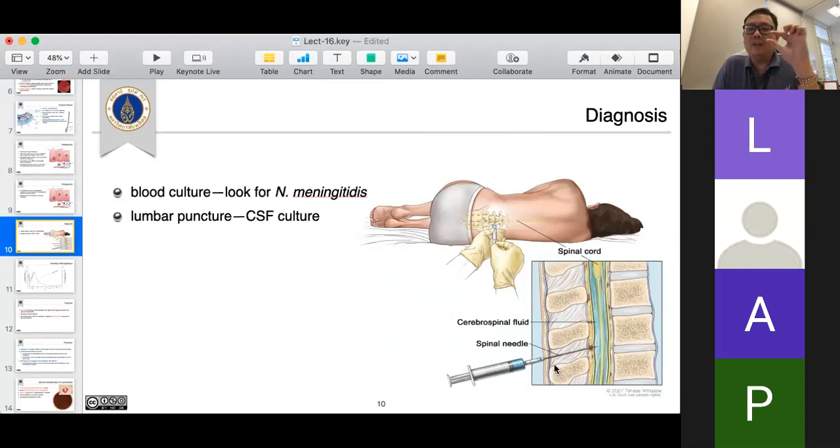The CSF that is drawn is contaminated with bacteria and also white blood cells. When you culture that, you can see Neisseria meningitidis. This is the main specimen because they cause meningitis. Okay.